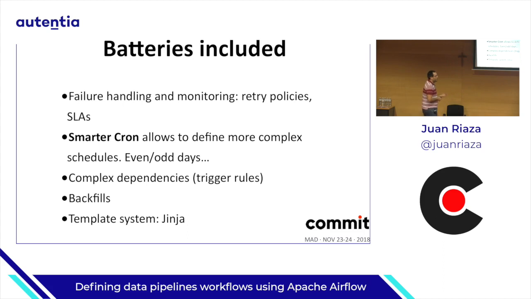We could have complex dependencies, such as only run this task if all of the rest of tasks have failed, for example. And then we have backfills, already, and a really feature-rich template system, Jinja. It uses Jinja underneath. That's a really cool Python project for managing templates.